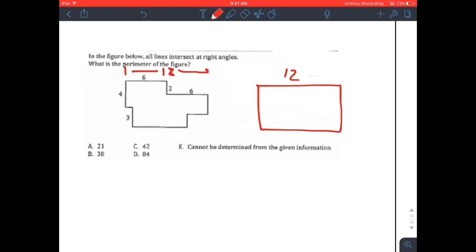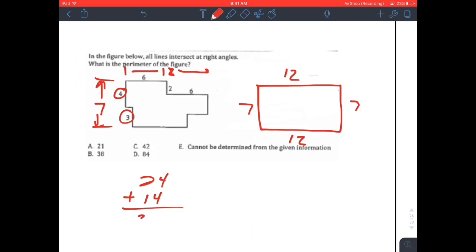So if the top is 12, the bottom is also 12. The height of the rectangle is 7, because 3 and 4 make up the left side. That means the right side also has a total length of 7. So the perimeter is simply 12 plus 12, which is 24, plus 7 plus 7, which is 14.